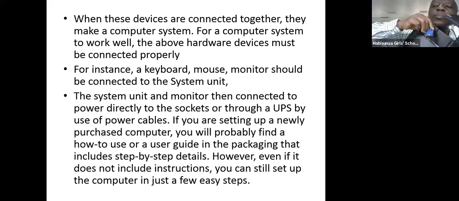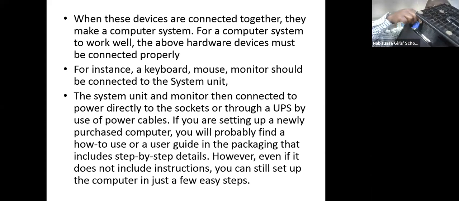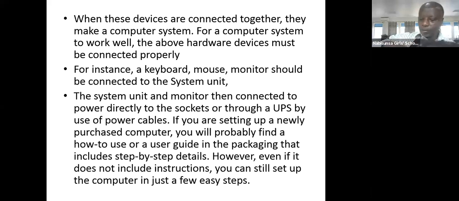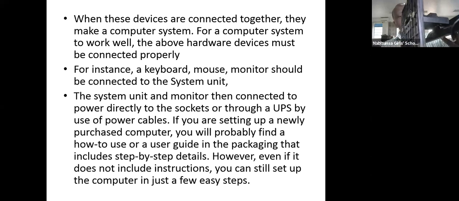I don't know whether you are able to see. The back is somewhere here. And when we connect it, then we have completed this. So the VGA connects the system unit to the monitor. I'm trying to find a better place where I can put it.